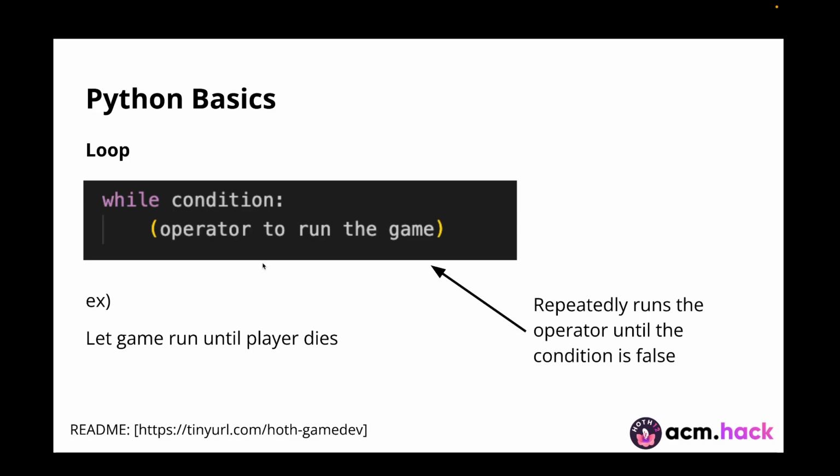A loop basically allows you to repeatedly run the same code until the condition becomes false. For example, we might want to run the game until the player dies, say until the player's HP goes below 0 or something like that.